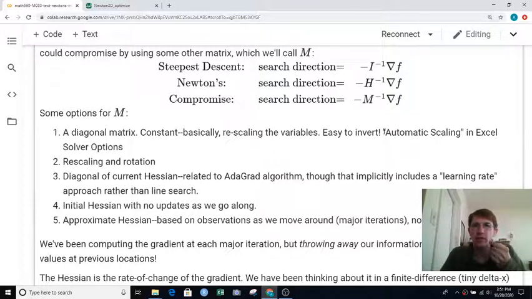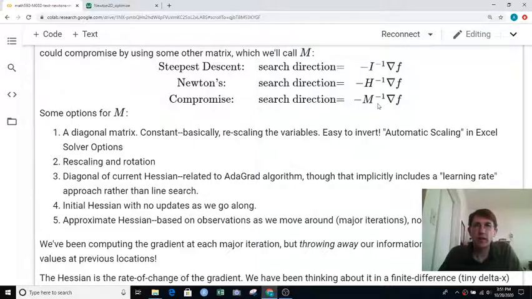So that's basically what automatic scaling does in the Excel Solver options. It tries to figure out the scale of each thing to begin with, and then tries to rescale all the variables so that the contours aren't so squished. You could say let's rescale and rotate so we don't have to worry about the tiltedness making a difference.